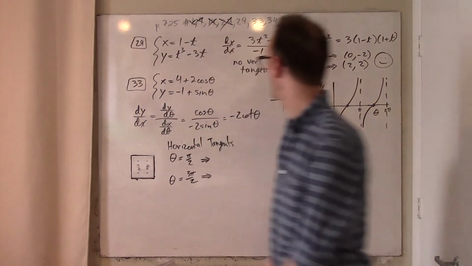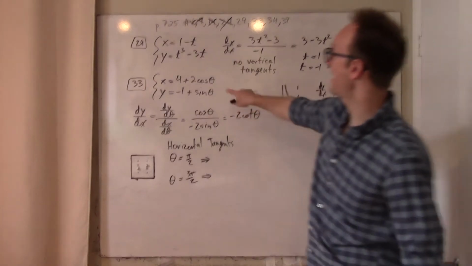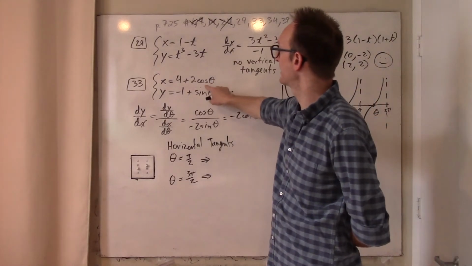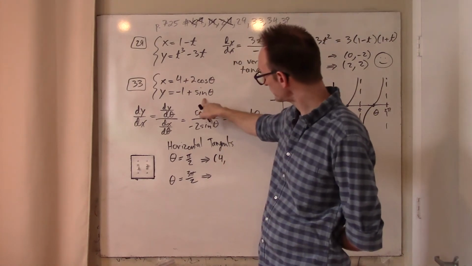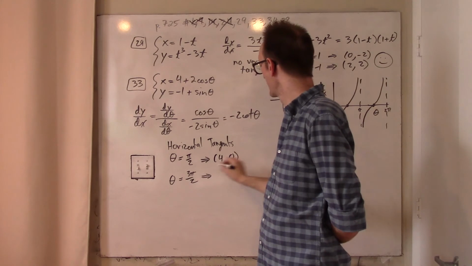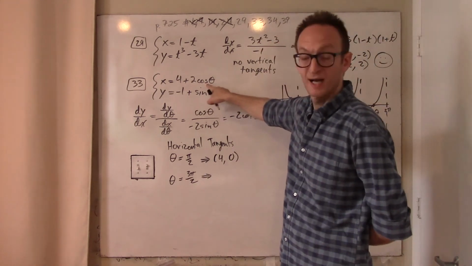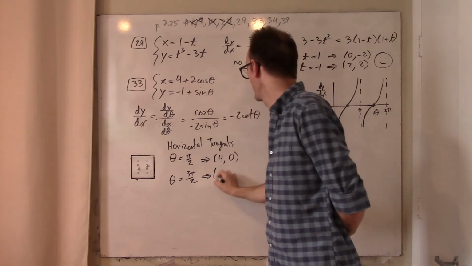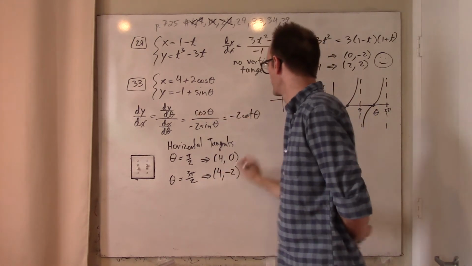And where am I at theta equals pi over 2? I guess go back to the original again. Cosine pi over 2 is 0, so I'm at 4, comma, 0. And at theta equals 3 pi over 2, cosine is also 0, so I'm also at 4. Sine of 3 pi over 2 is negative 1, so negative 2.